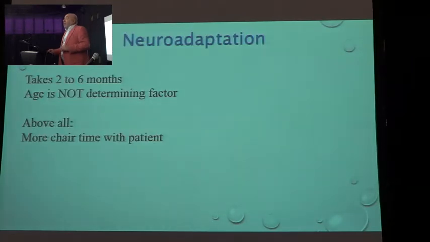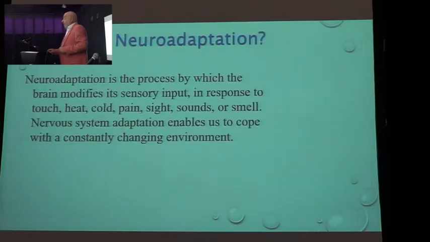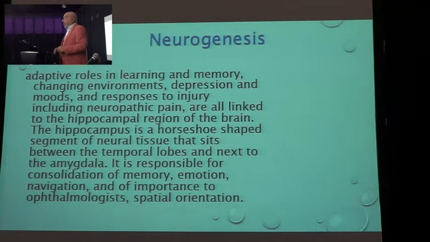Neuro-adaptation takes about 2 to 6 months, and age, as a matter of fact, is not a determining factor. And again, as I stated before, chair time is necessary. Neuro-adaptation, you all know about. This you might probably not know about.